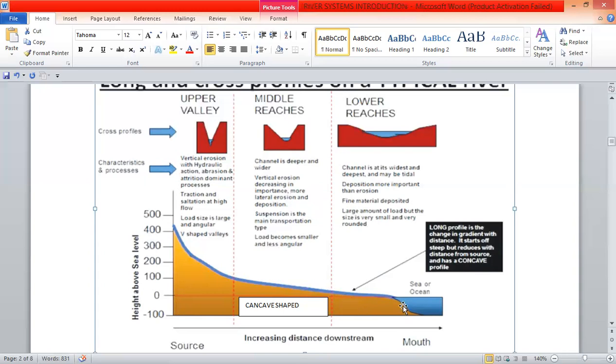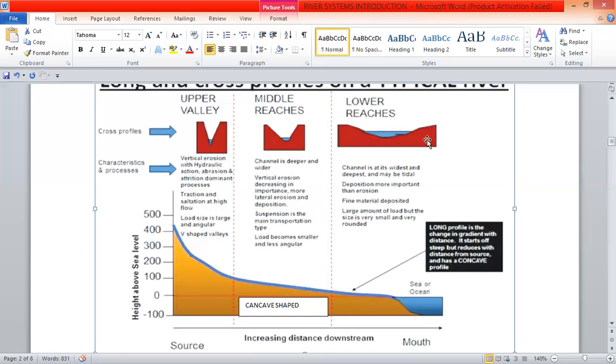And then this last stage, the lower stage of the long profile. Here are the characteristics of this stage. The channel is at its widest and deepest and may be tidal. So here the channel of the stream, as you can see, is very wide, open.